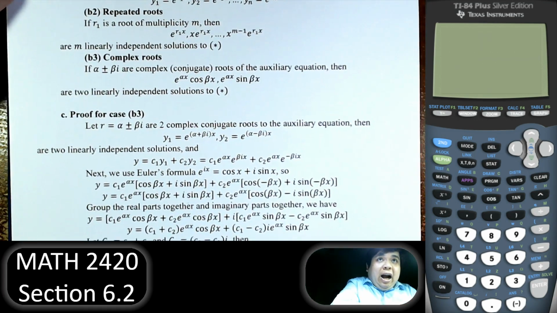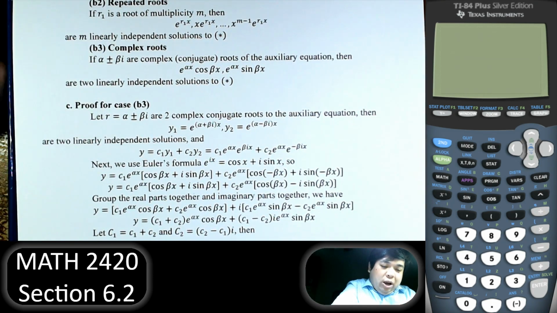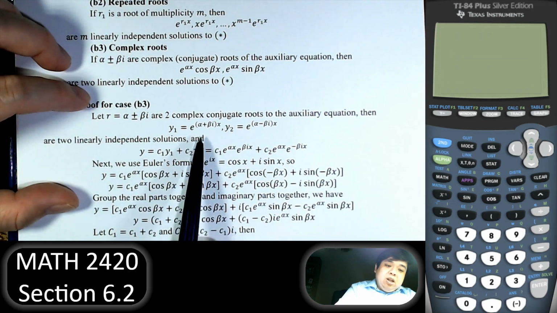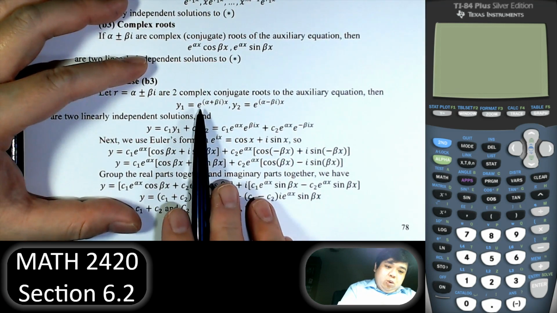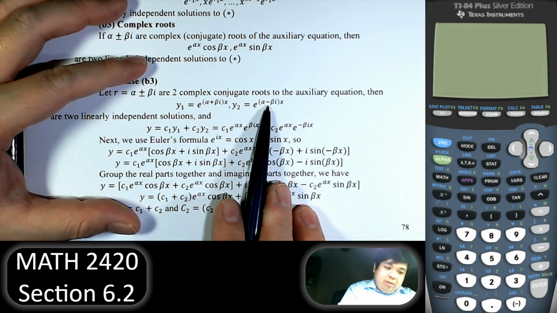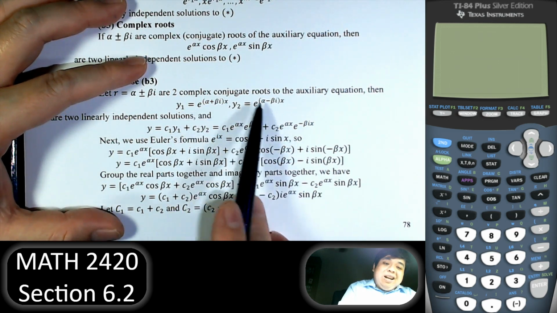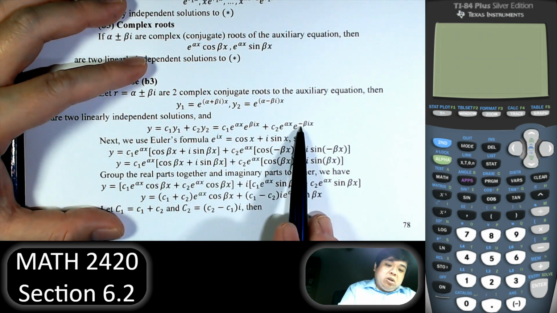Now, I just want to prove case B3, the case where we have the complex root. So when we have the complex root, if we assume it in this form, the solution will be in this form. Since those two are linearly independent solutions, I can write it as a linear combination.